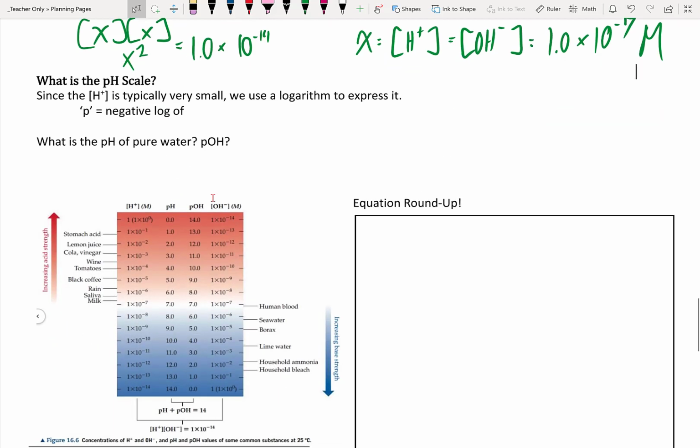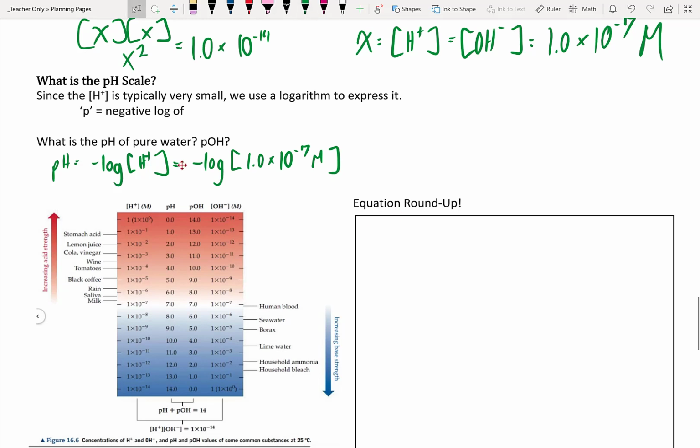Now, most often, this is going to be pH. pH equals the negative log of the H plus concentration, which in pure water is 1 times 10 to the negative 7. Okay.